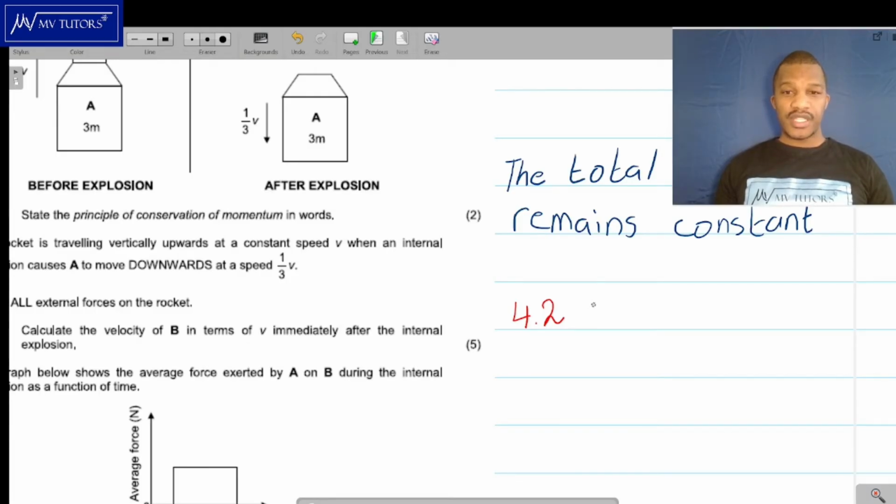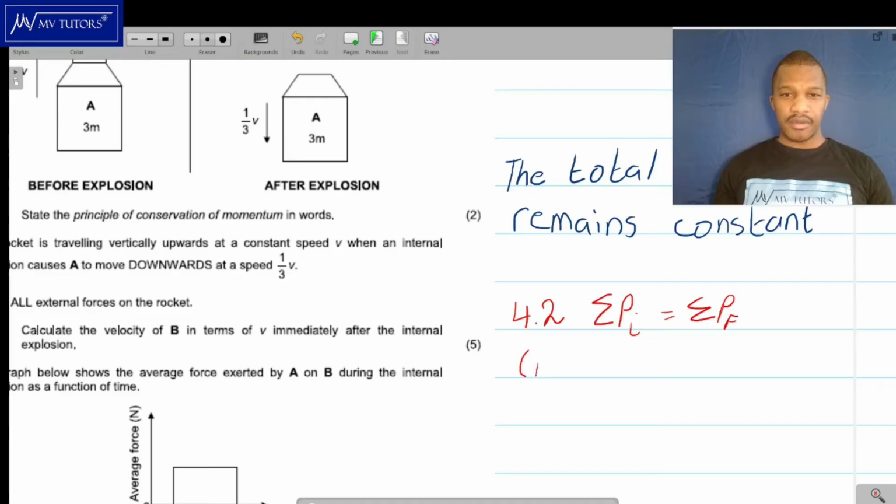Otherwise, let me just continue. So we need the impulse momentum. We know that the sum of the momentum initially is equal to the sum of the momentum final. And then now we need to write the actual formula. Now if you look here, mass A and mass B are actually together, so I'm going to put them together as well here.